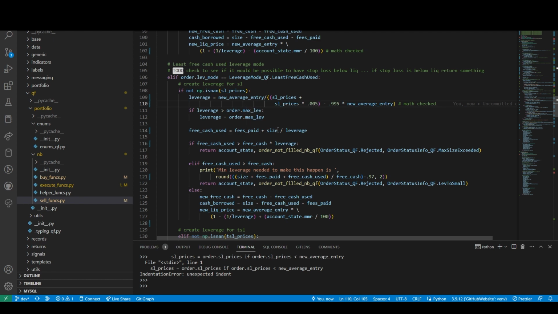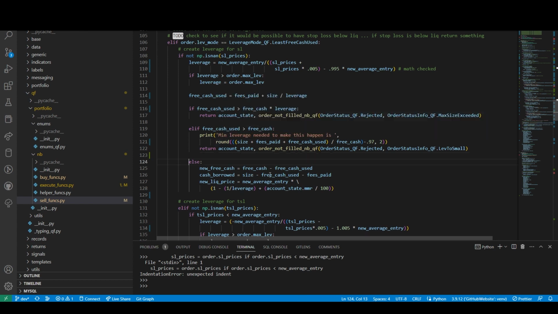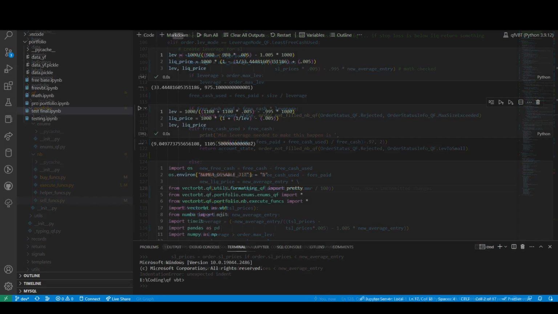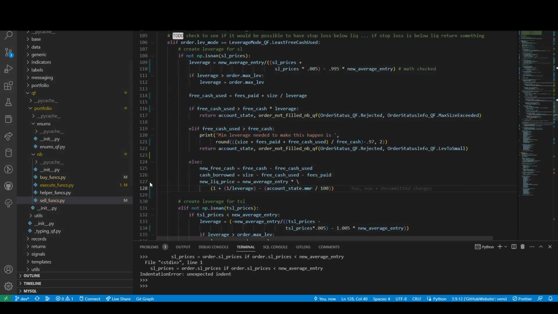Free cash equals fees paid plus size divided by leverage. If free cash used is this, okay. If this is that, okay. New free cash is this. This is going to be plus and minus because we have that down here. It's this times 1 plus 1 divided by leverage minus MMR. And we've got that right here. Okay.